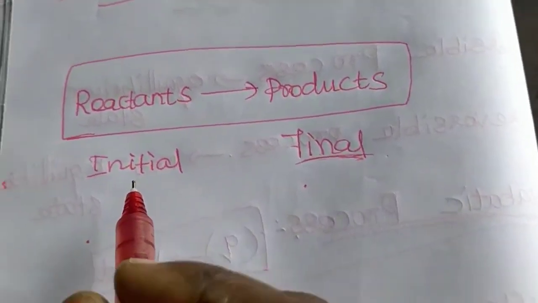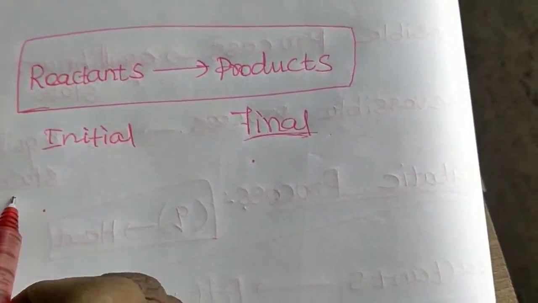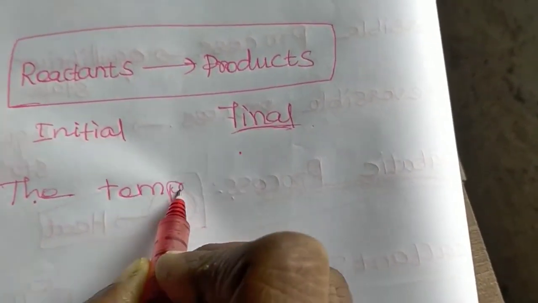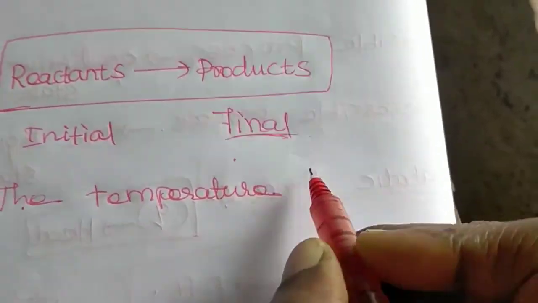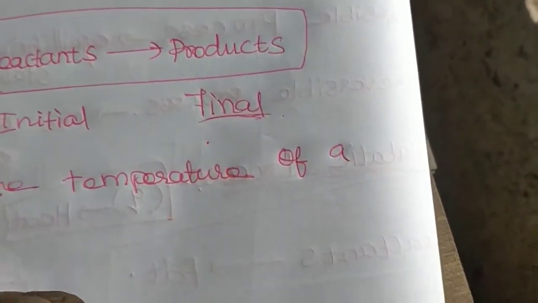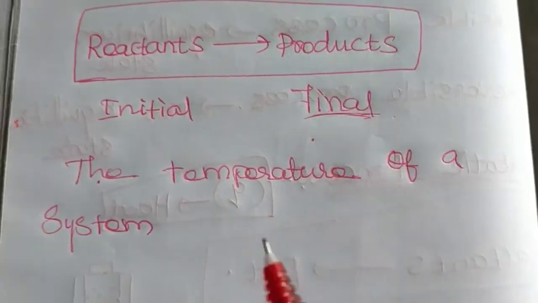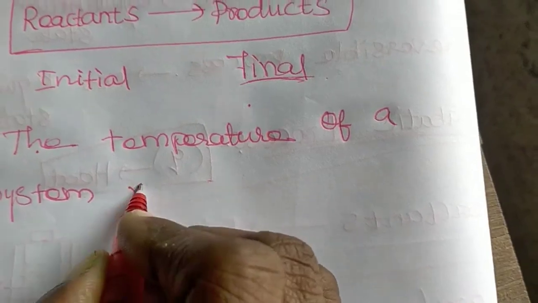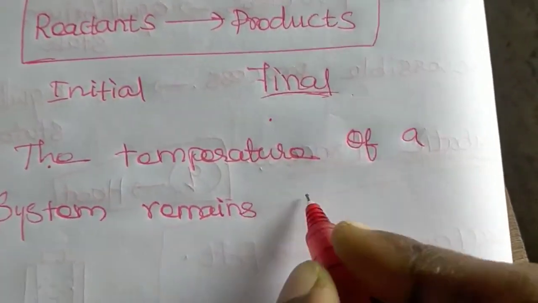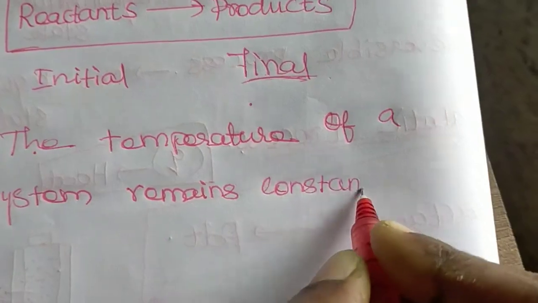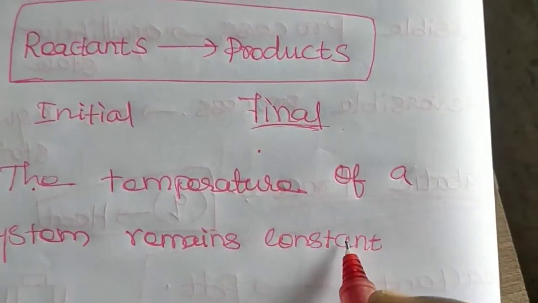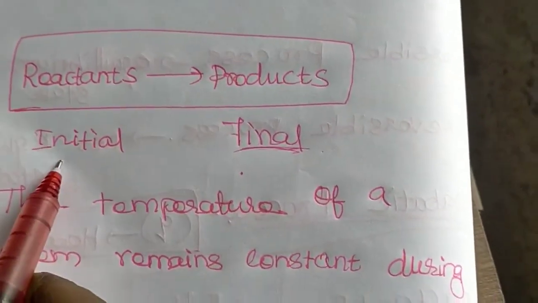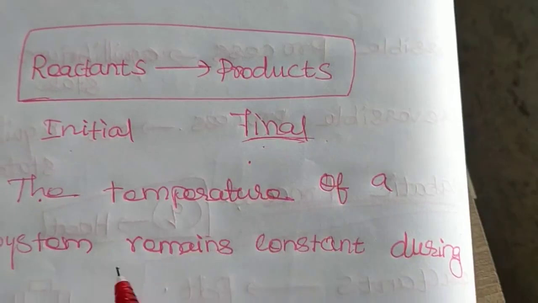An isothermal process is defined as the process in which the temperature of a system remains constant during the initial stage to the final stage of a reaction.